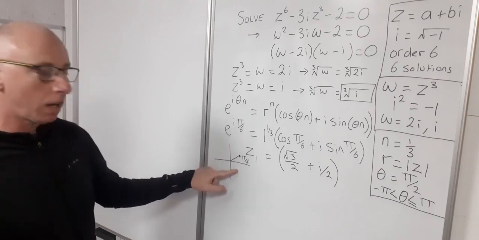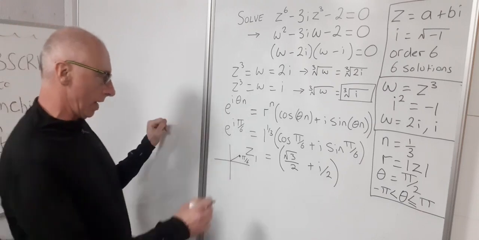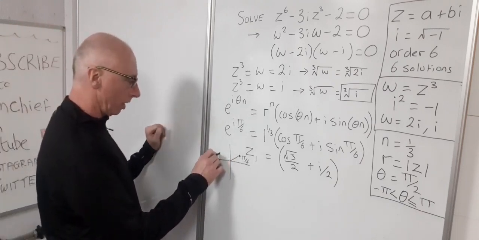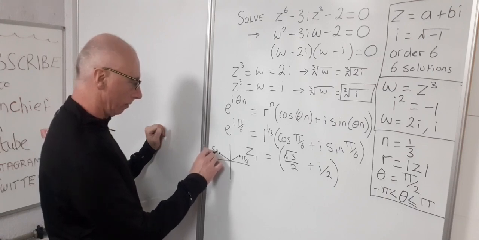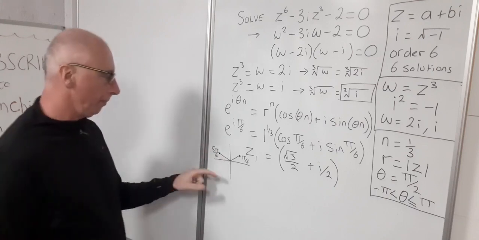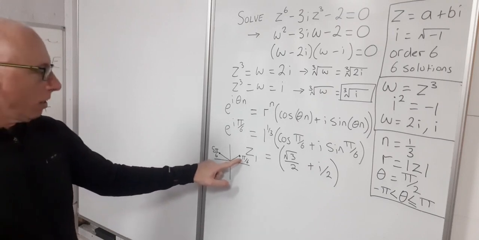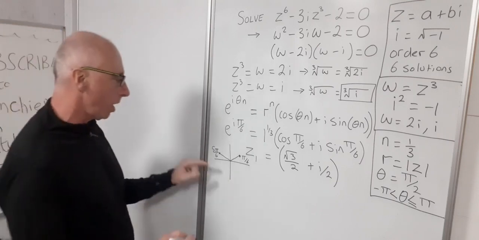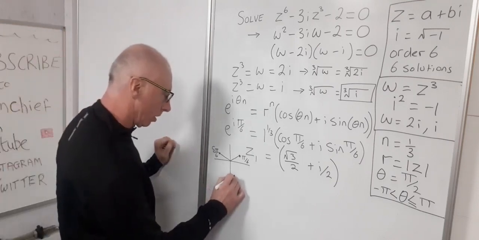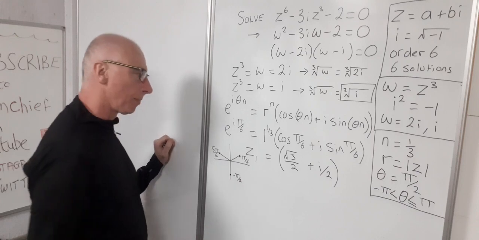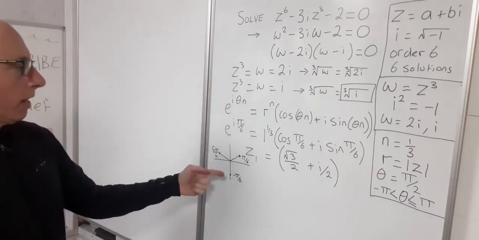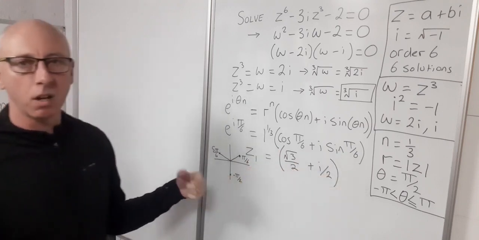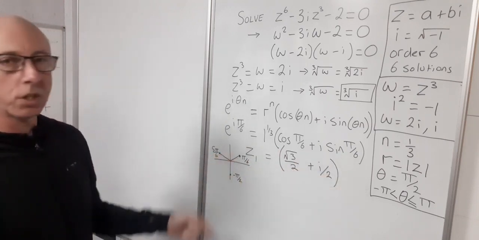Adding 4 pi over 6 to pi over 6 gives us 5 pi over 6. The other value, pi over 6 minus 4 pi over 6, is minus 3 pi over 6, which is minus pi over 2. Okay, so now we're going to keep this value and continue to calculate our other cube roots.